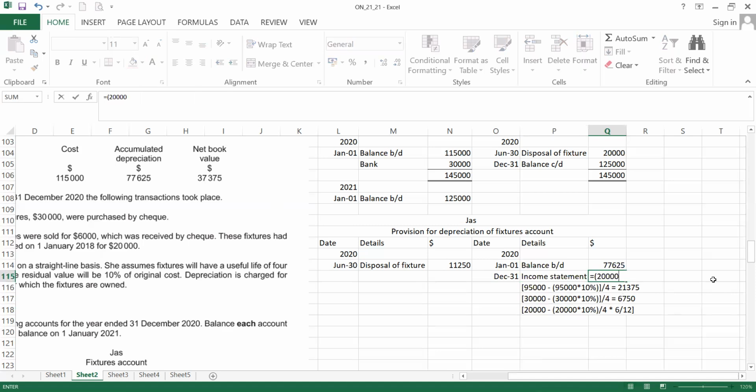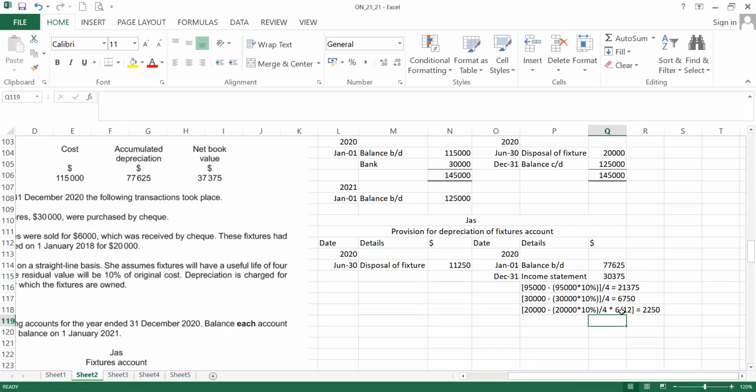The next one will be 20,000 minus 2,000 divided by 4. We still have to multiply by 6 over 12. So this one is 2,250. So the total amount, add together 21,375 plus 6,750 plus 2,250. So this is the total depreciation charge for the year.